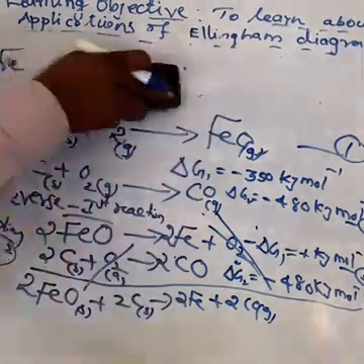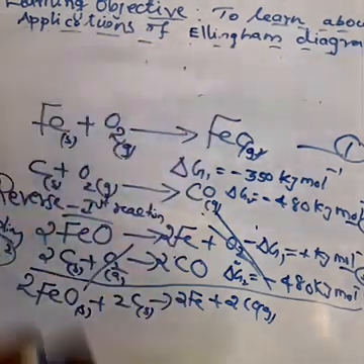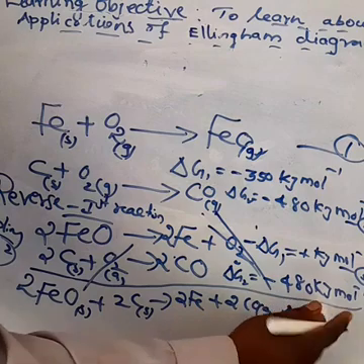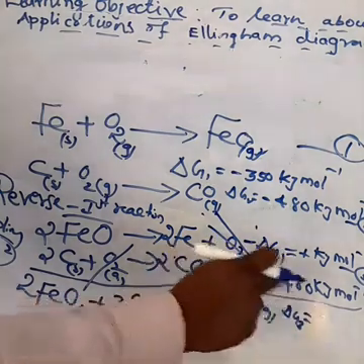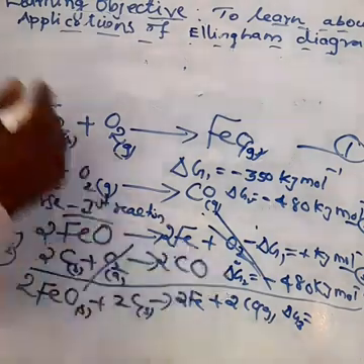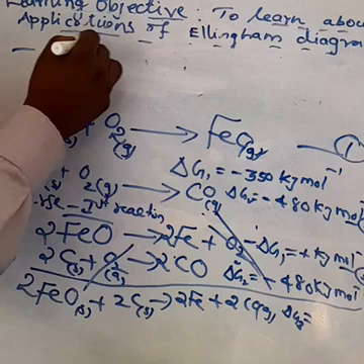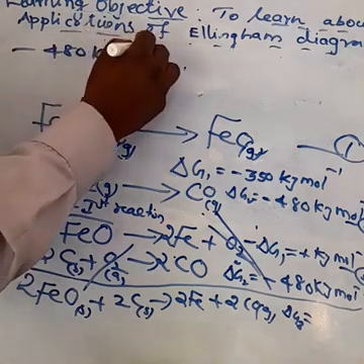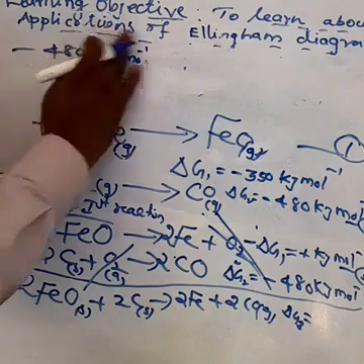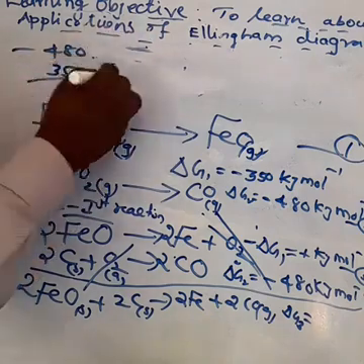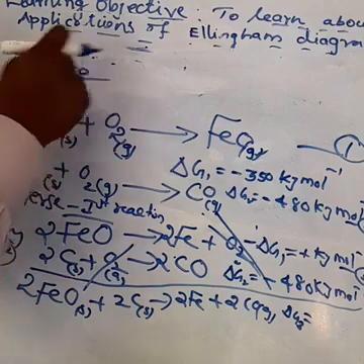This can be written as delta G3 is equal to, we have to subtract the value, that is the first value, minus 480 kilojoules, minus 350, we get minus 130 kilojoules mole inverse.